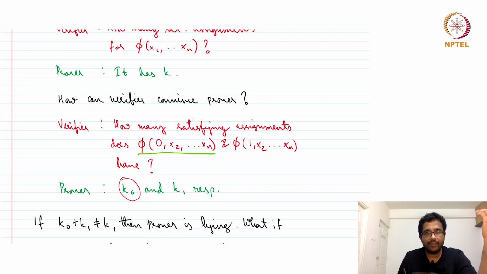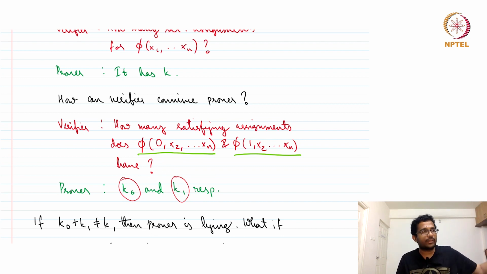Similarly, the verifier could ask how many satisfying assignments there are for phi of x1, x2, up to xn. And the prover may say this has k satisfying assignments. So now we know that when x1 is set to 0 there are k0, and when x1 is set to 1 there are k1 satisfying assignments.